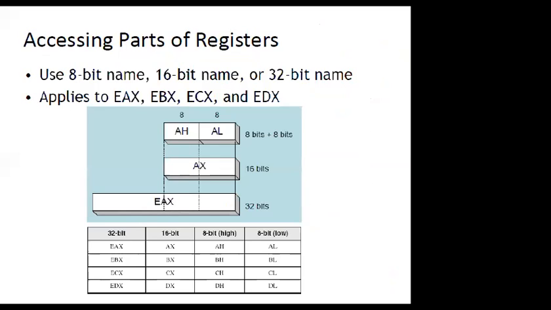So, accessing parts of the register, you can access each register part separately. So we have an 8-bit accumulator, then 8 bits further extended. When both of the HL pair are combined together, it can be regarded as a 16-bit accumulator.